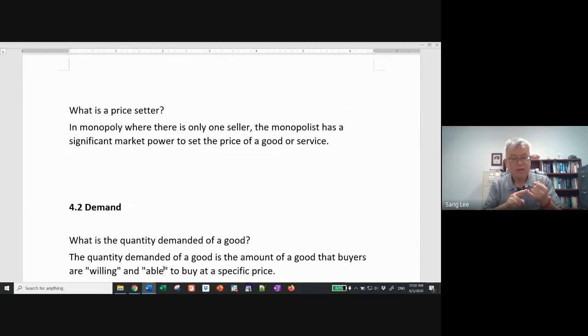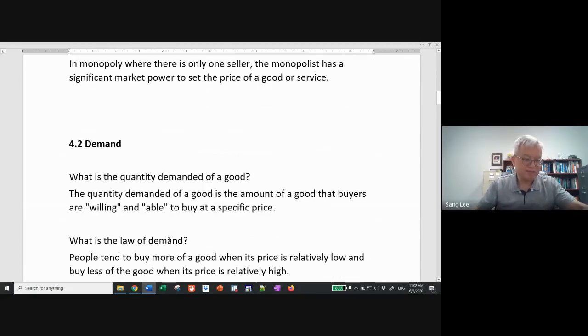Third, in a perfectly competitive market, buyers and sellers can freely join the market or leave the market. And we call buyers and sellers in a perfectly competitive market price takers. And we call a monopolist, who has a significant market power or is the only seller in a market, a price setter.